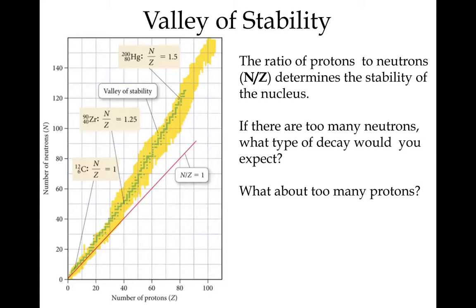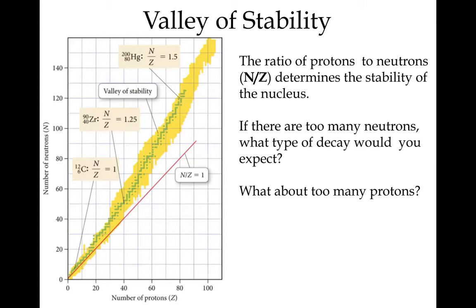Okay, and so it's very important to look at the ratio of neutrons to protons, or the N/Z ratio, if you will. N being the number of neutrons, Z being the number of protons. Because that ratio is what's going to determine whether or not that nucleus is stable.